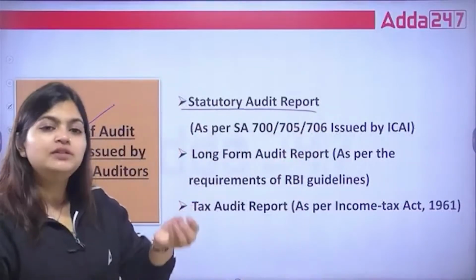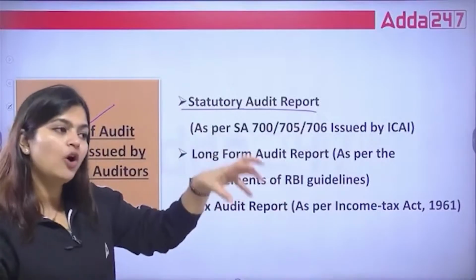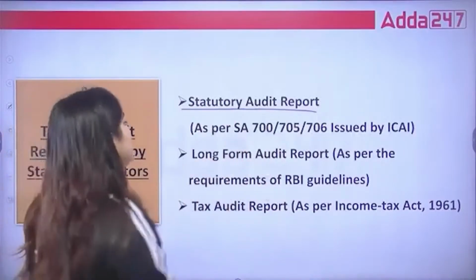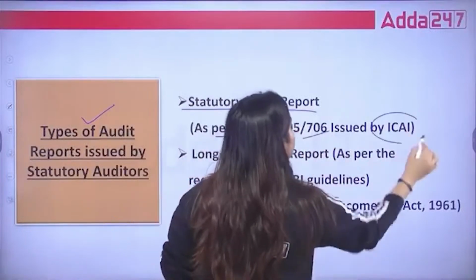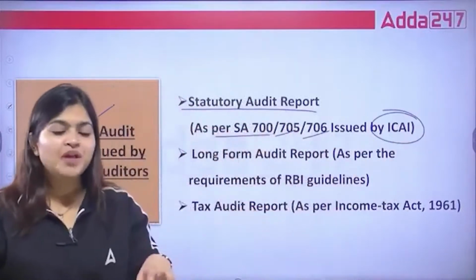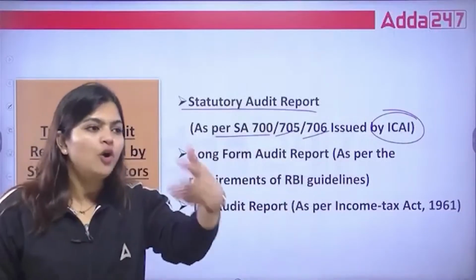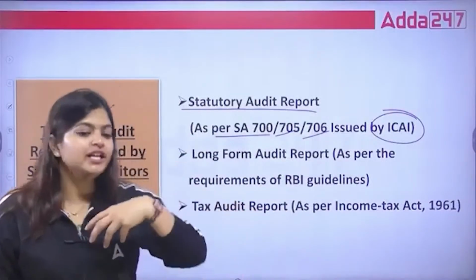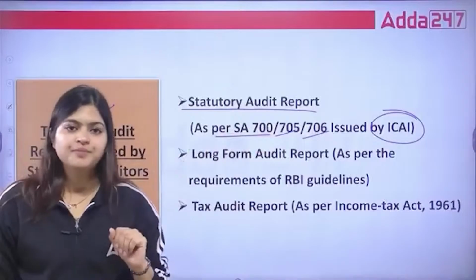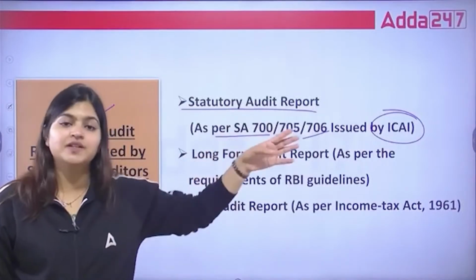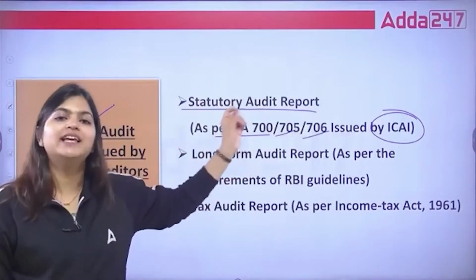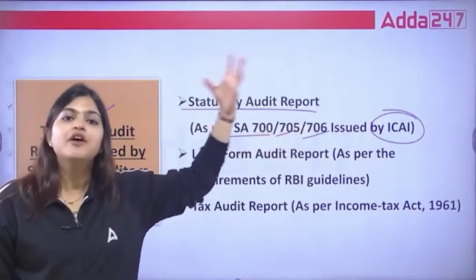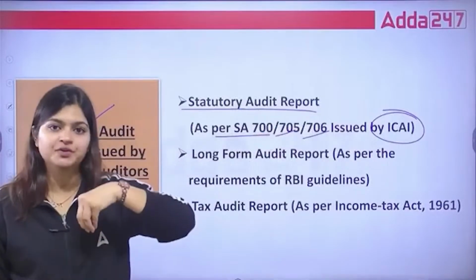In audit also we have rules and regulations, like SA 700, 705, 706, which are issued by the ICAI. Means as an auditor, when we are doing the audit in a bank, we need to comply with these SAs. This is not an accounting standard. These are the SAs given by ICAI, which are used by auditors.